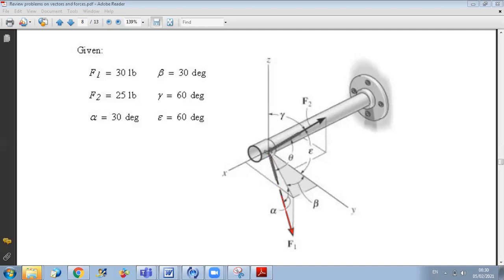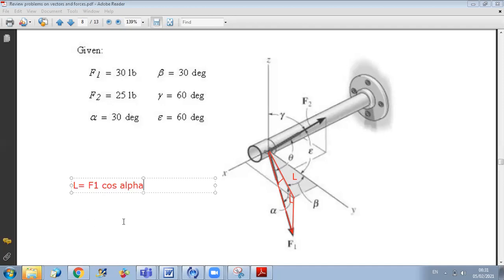If I know alpha, I can calculate the length of this part, because this is a perpendicular projection, so I have a right triangle. I will call the length L. What will be L? F1 multiplied by cosine alpha. Very good. So L is equal to F1 times cosine alpha.